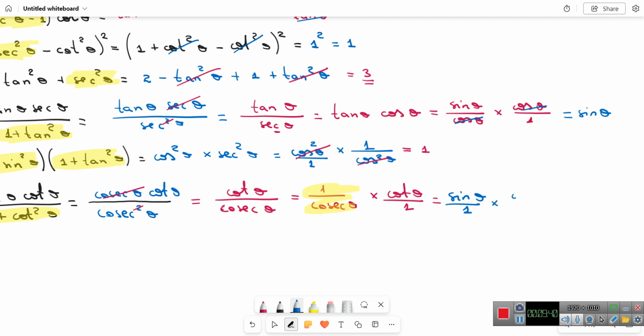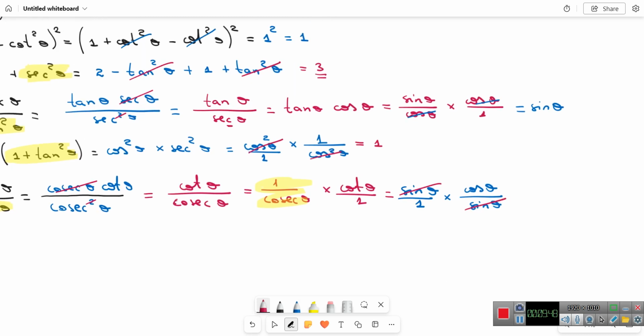Cot I can write as cos theta over sine theta, which can now be simplified and leaves us with cos theta for the answer.